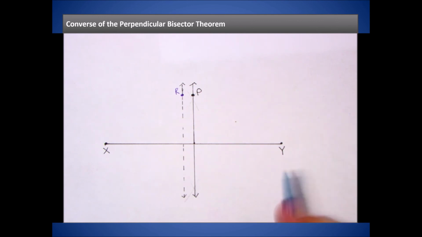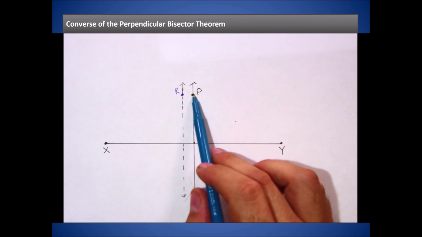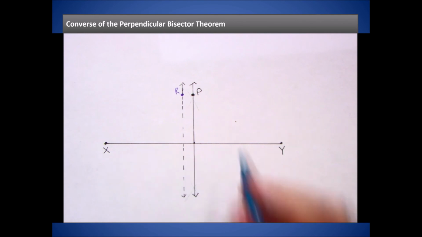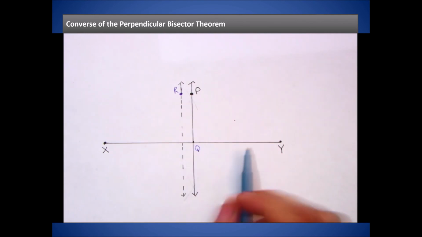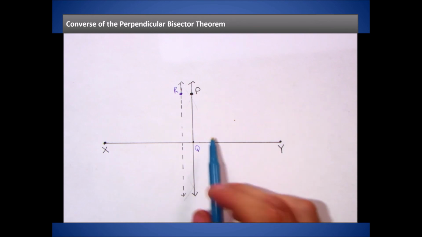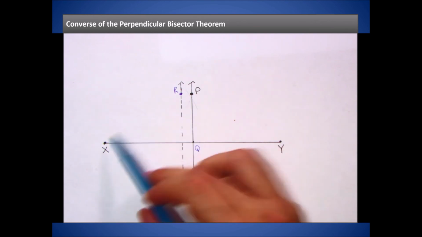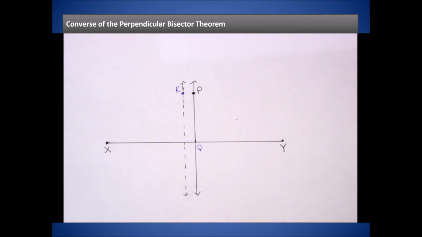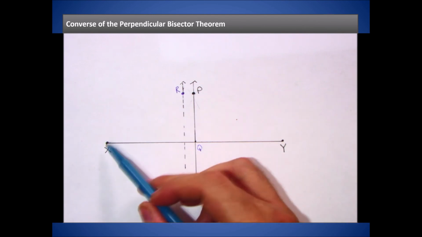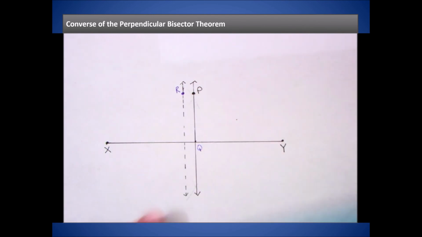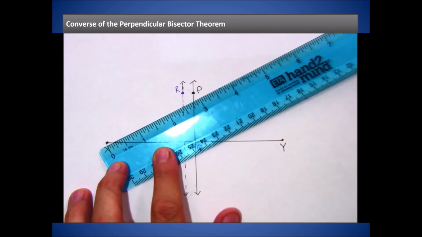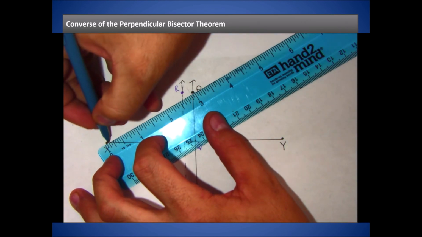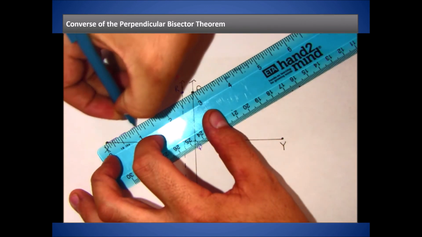Earlier we covered that if the distance from X to Q was the same as the distance from Q to Y, then we were trying to show that PX, the distance from P to X, is the same as the distance from P to Y. This time, we're going to start with the assumption that this is congruent, so the distance from P to X is the same as from P to Y. Of course, we want to verify and investigate this.